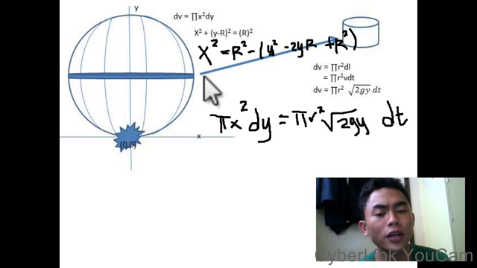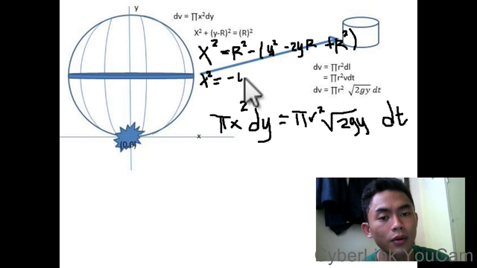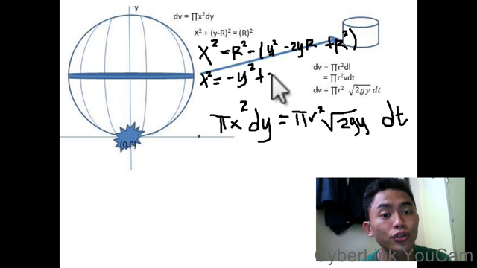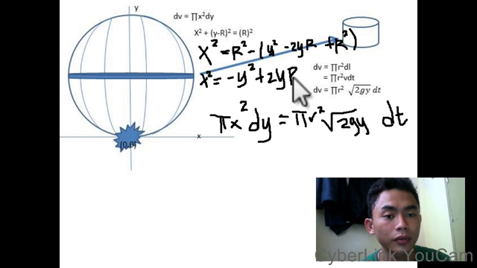Simplifying that equation, x² is equal to negative y² plus 2yr. This is r, this is the radius.